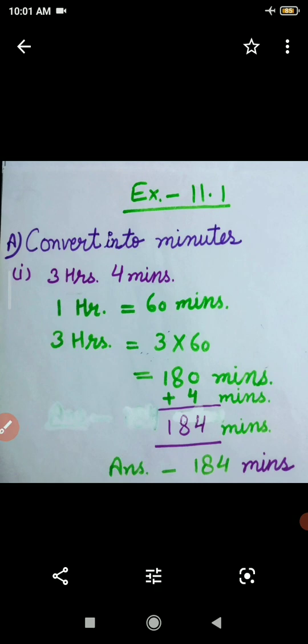Now I will start exercise 11.1. We have the first question, convert into minutes.